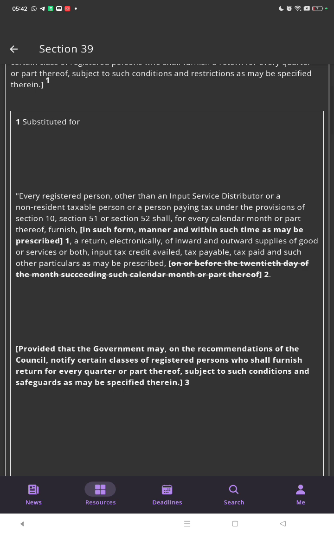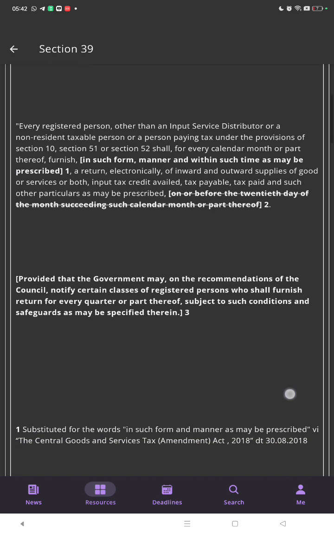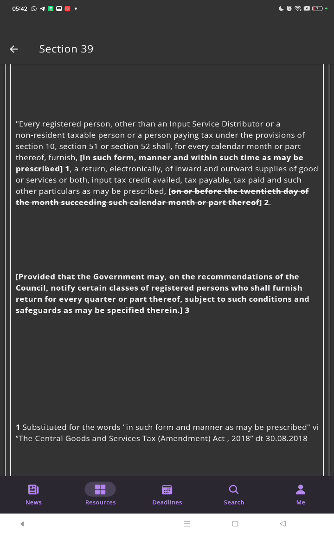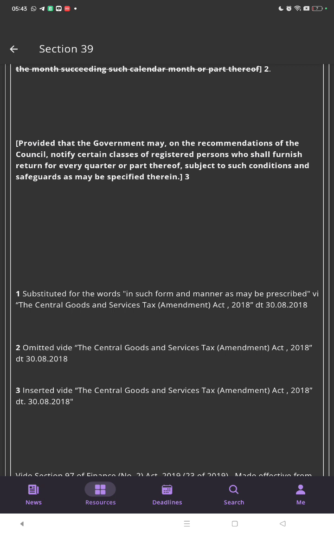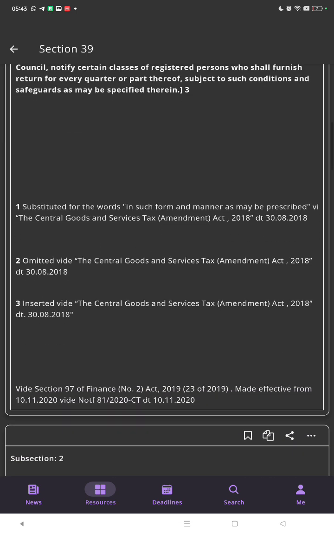The substituted text: every registered person other than an input service distributor or a non-resident taxable person or a person paying the tax under the provisions of section 10, section 51 or section 52 shall, for every calendar month or part thereof, furnish in such form, manner and within such time as may be prescribed a return electronically of the inward and outward supplies of goods or services or both, input tax credit availed, the tax payable, tax paid and such other particulars as may be prescribed, provided that the Government may, on the recommendation of the Council, notify certain classes of registered persons who shall furnish the return for every quarter or part thereof, subject to such conditions and safeguards as may be prescribed.